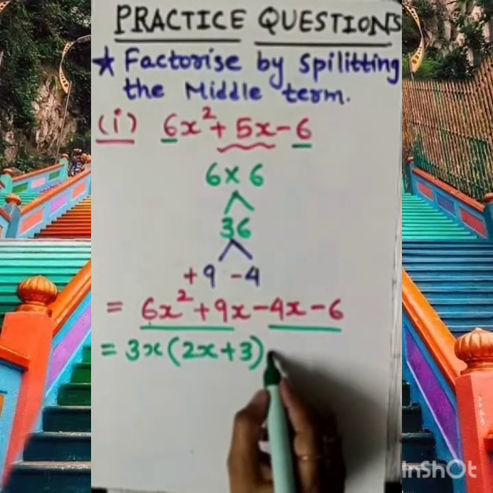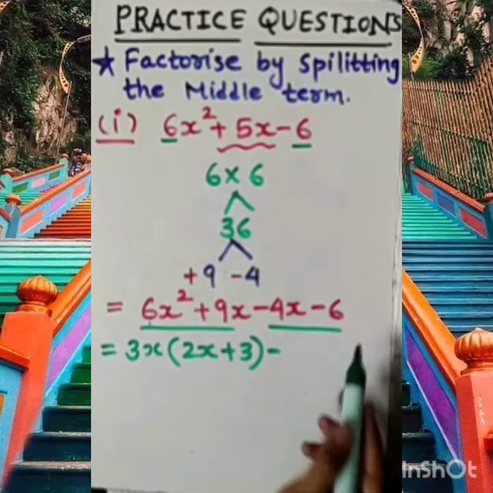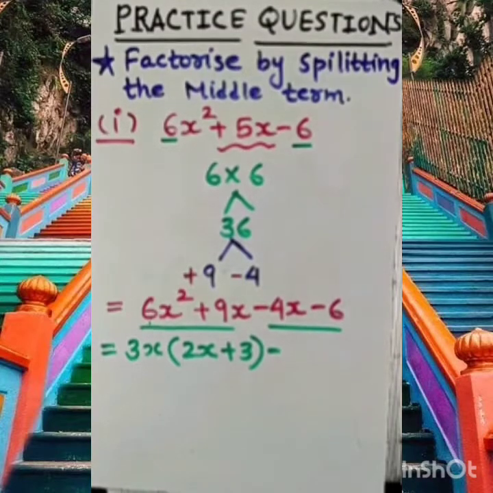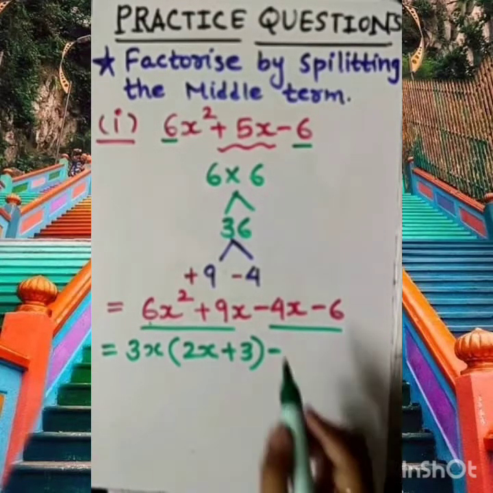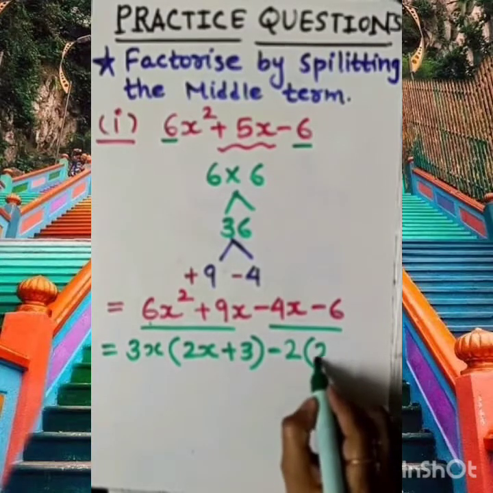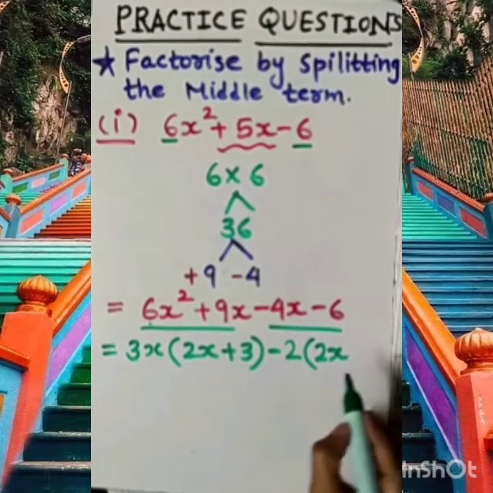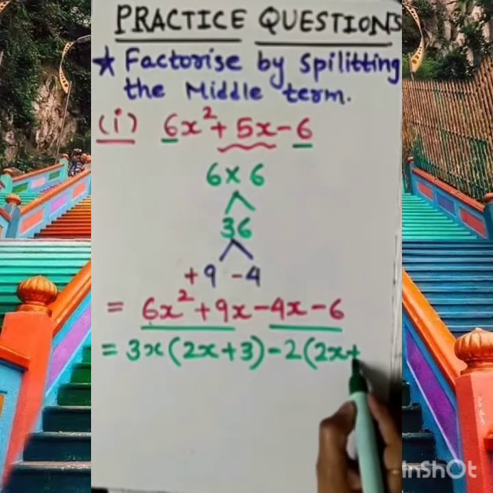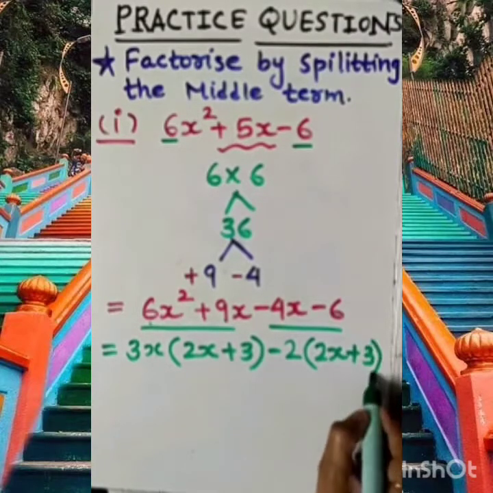Now for the minus, what is common? From 4 and 6, 2 is common, so we have 2x, and because of the minus sign outside the bracket, this becomes plus 3.